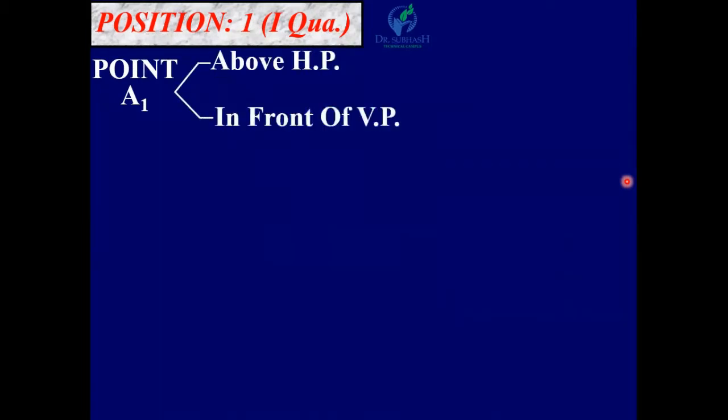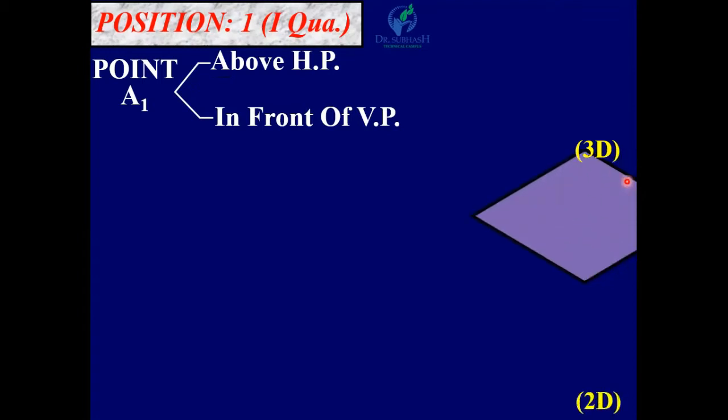Position 1, that is the point is in quadrant 1. Suppose a point A1 is in quadrant 1, which means above HP and in front of VP. First, let us see the 3-dimensional view and then the 2-dimensional view.